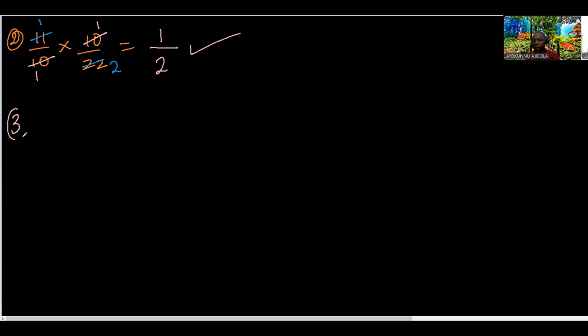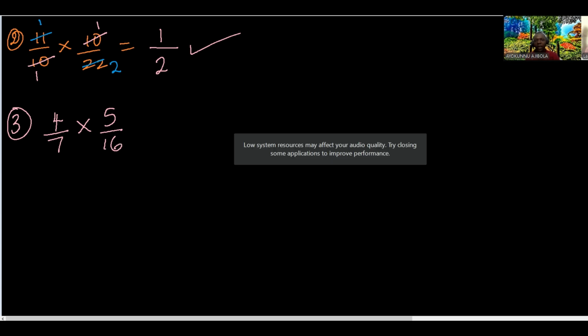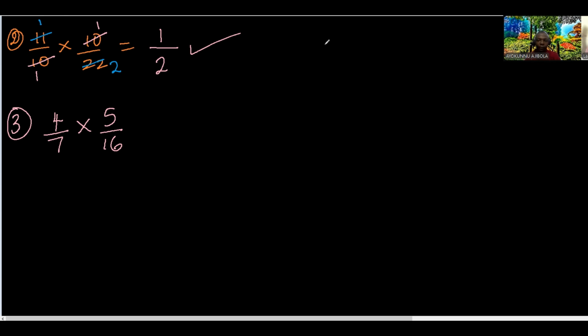Maybe number three. Number three, let's say 4 over 7 times 5 over 16. Please look at this. Times 5 over what? 16. Is there a number above that can divide a number at the bottom? Yes.